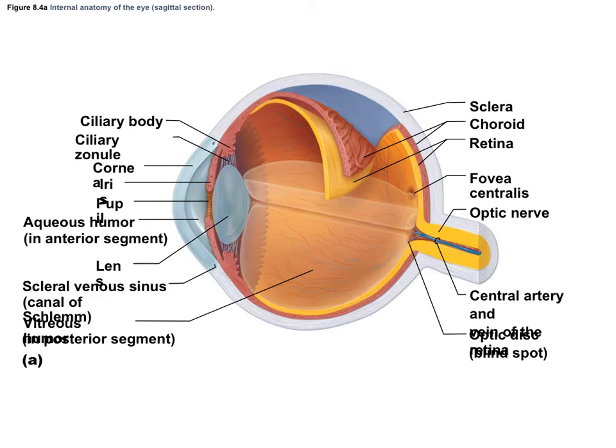The lens itself is a semi-solid structure that can be distorted by the ciliary bodies in order to properly focus the light passing into the eyeball onto the retina correctly. When the lens becomes hard and opaque with age, that's called a cataract. Vision becomes hazy, distorted, and eventually can cause blindness.